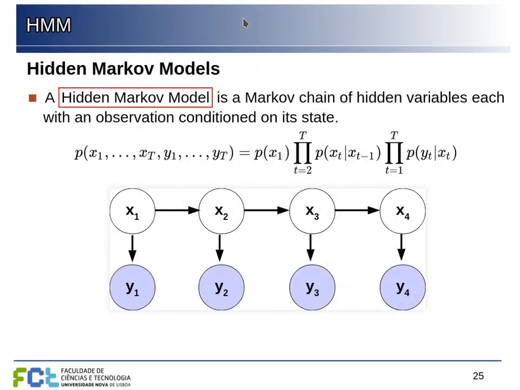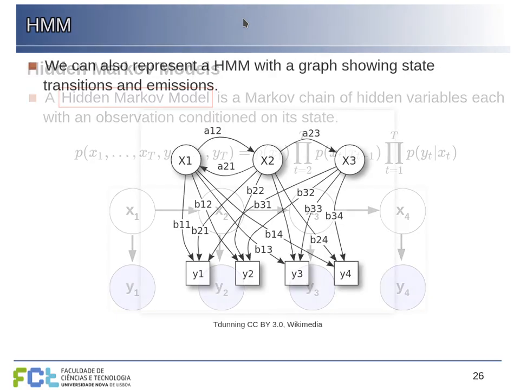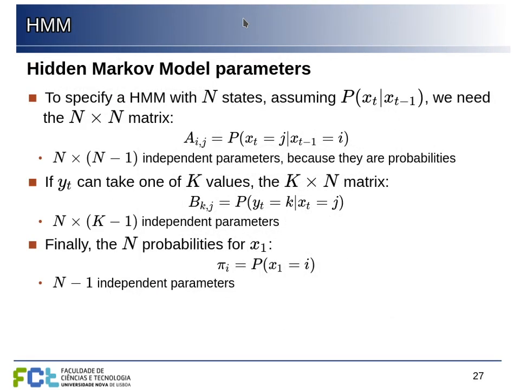Now at this point this is a bit abstract, but I will give some examples of how we can use this. But what we need to specify the hidden Markov models, the parameters that we have, is if we have n states, then we need an n by n matrix with the probabilities of transitioning from any of the states at time t to any other state at the previous time.